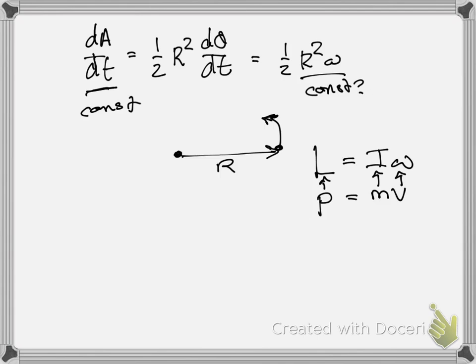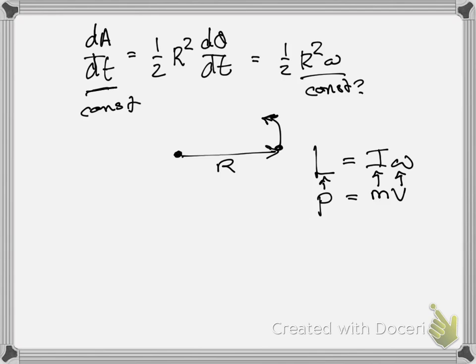And angular momentum is a constant if there are no net torques, and there are indeed no net torques when something is orbiting something. If that's not obvious, think about it: the gravitational force does not exert a torque. So the angular momentum must be constant.